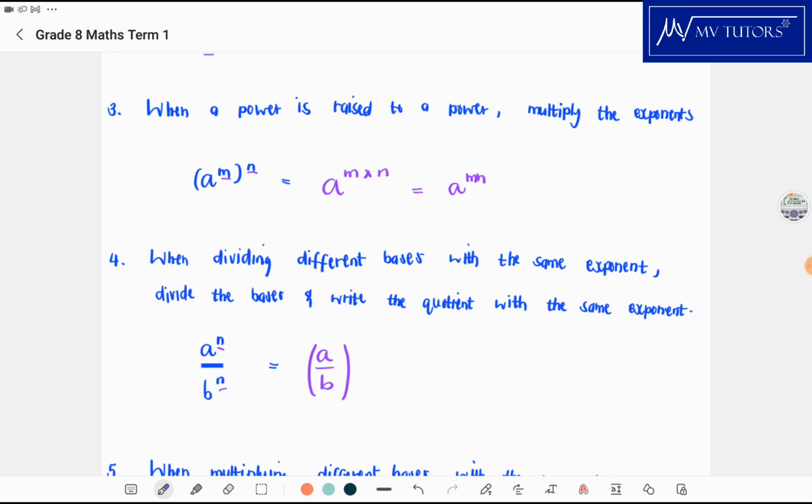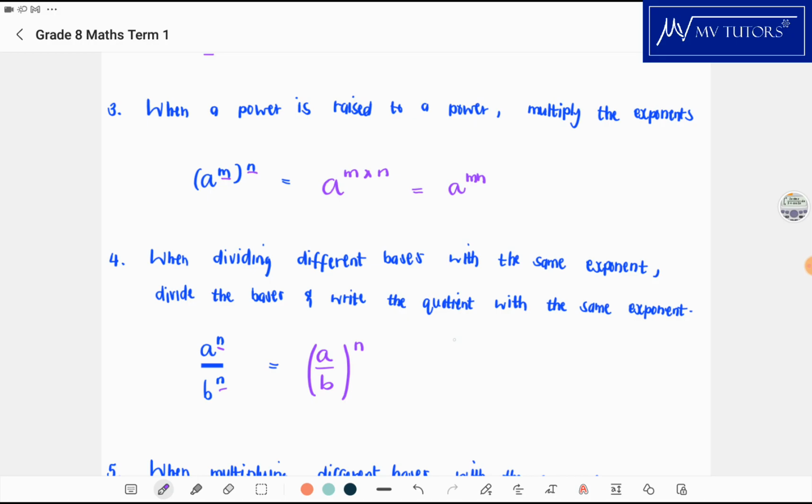Remember, another word for division is quotient. Another word for multiplication is product. Another word for addition is sum. Another word for subtraction is difference. So we're going to take those bases and write the quotient with the same exponent. So there, that's what it means.